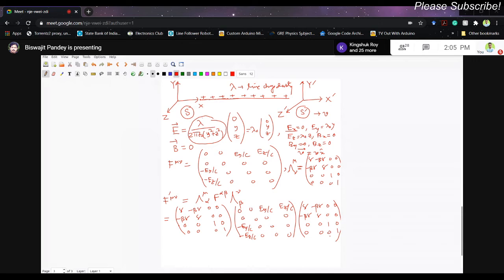Right. And I think this is quite repetitive. I'm not going to do matrix multiplication all the time. You can do it yourself. I am just writing the result here. You can check it afterwards. If you multiply this matrix with this one, and then finally the product matrix with this one, you will get this one: 0, 0, gamma Ey/c, gamma Ez/c.